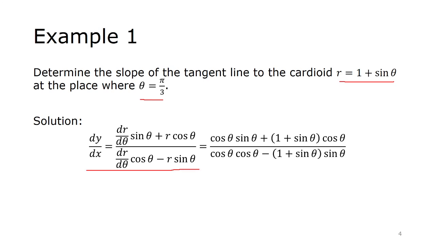In this particular problem, we've got a function for r to use, and so we simply calculate dr/d theta, which in this case is simply cosine theta, and plug that in for these two spots for dr/d theta. So we've got a cosine theta plugged in for both of those, and we can substitute in for r the original equation, 1 plus sine theta, in those two spots.